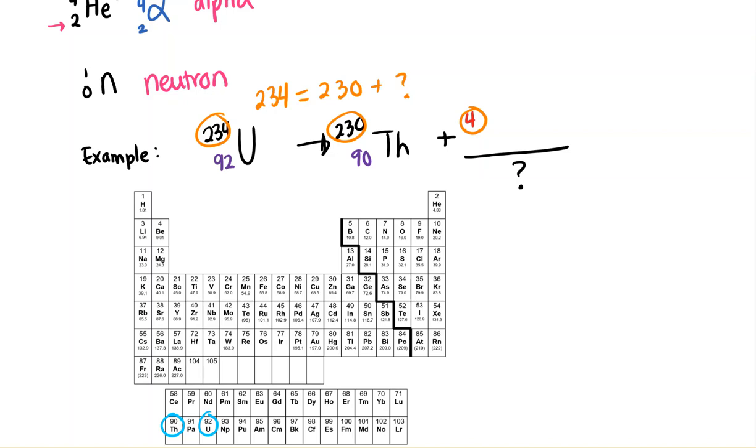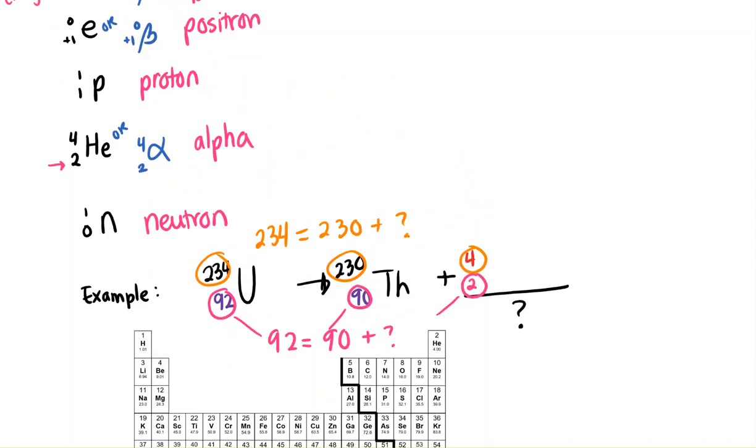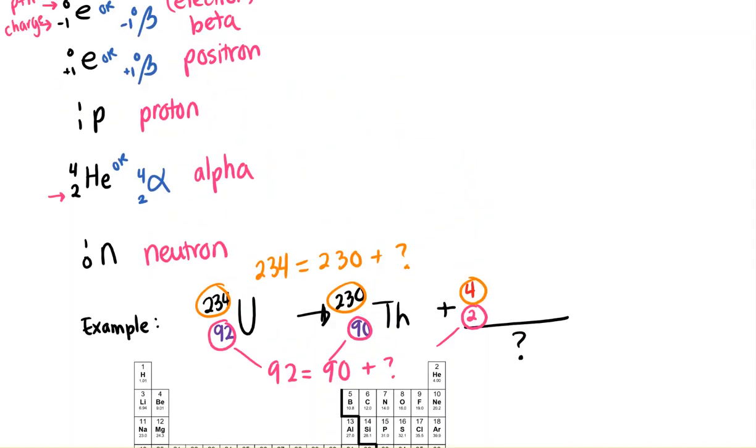I do the same thing on the bottom. 92 equals 90 plus what? Looks like I need a 2 down there. And then we think of our numbers. What has 4 and 2? It's the alpha particle. So I know this is like that. And of course I could write it like that.